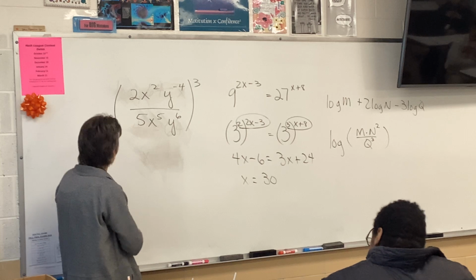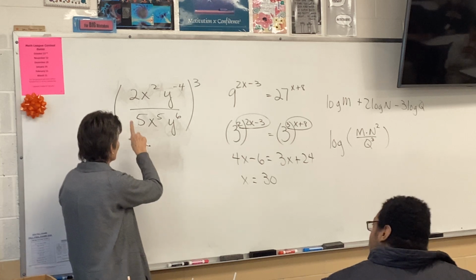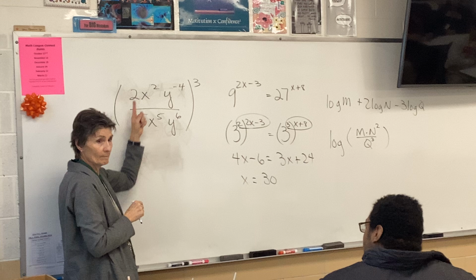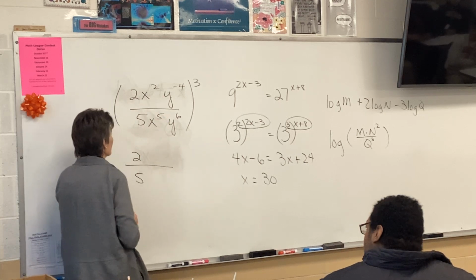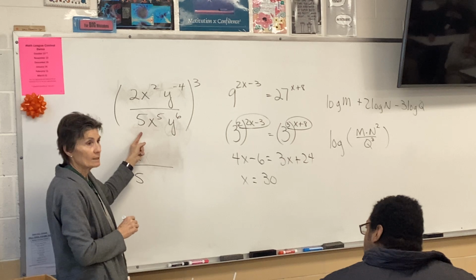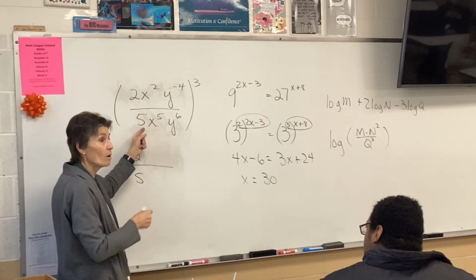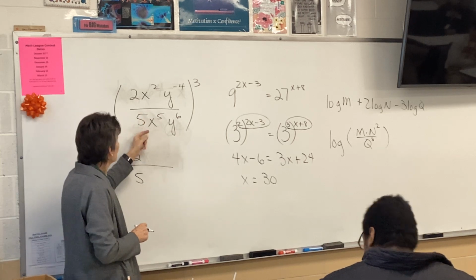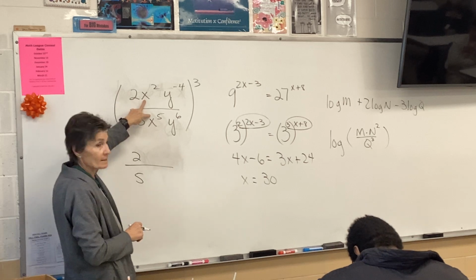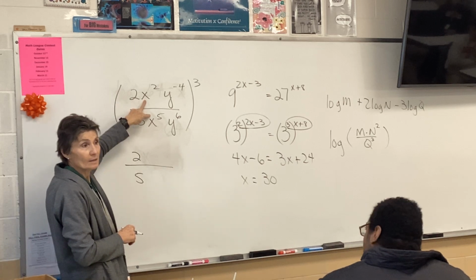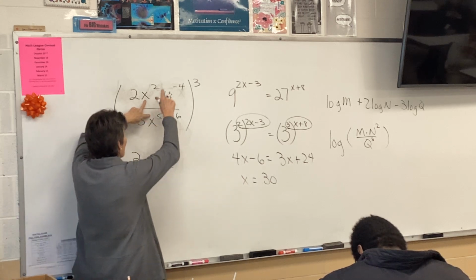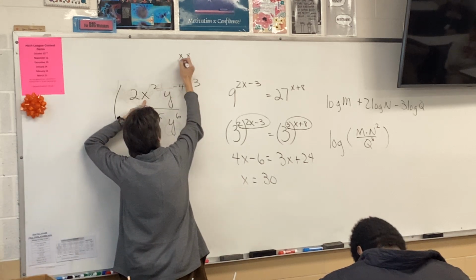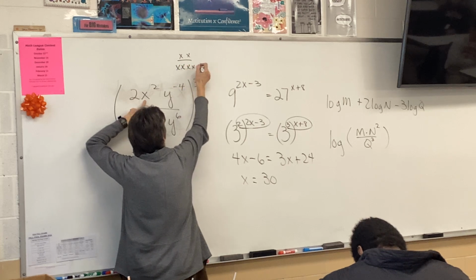Cube. Well, yeah, nothing's going to happen with that 2 and that 5. Yeah. Okay, so the 2 and the 5 aren't going to change, because 2 and 5 don't cancel. If it had been 2 and 4, I could cancel. Now, what about my x's? Just multiply it. Now be careful. No. It's an x squared. Think about what that means. X squared over x to the 5th.